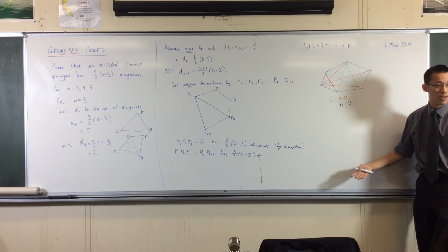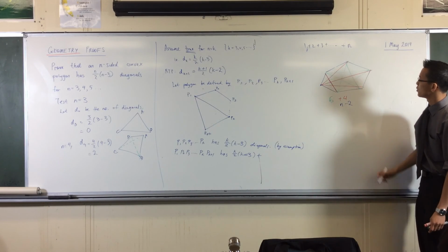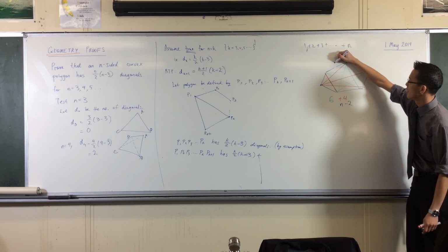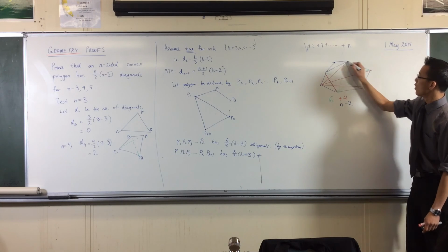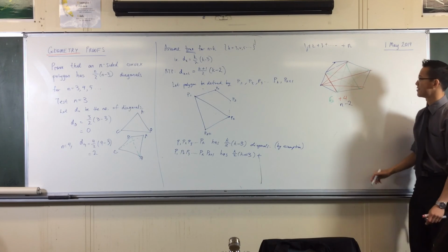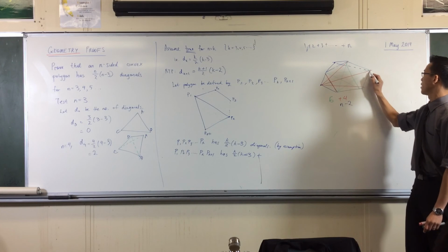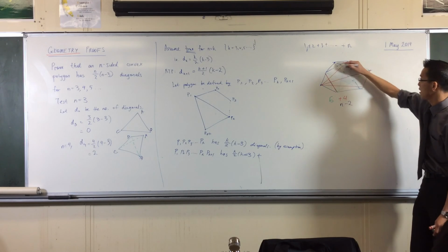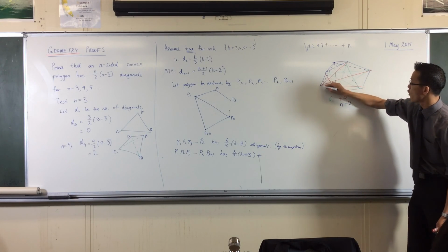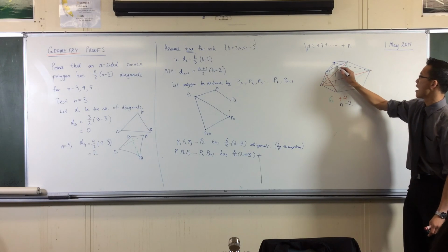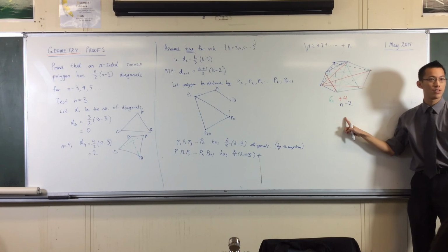If I made a 7th side, is it going to work? Let's try it, shall we? Let me do it dotted. I can do 1 new one here, 2 new ones here, 3, 4, 5. It's still n minus 2, isn't it?